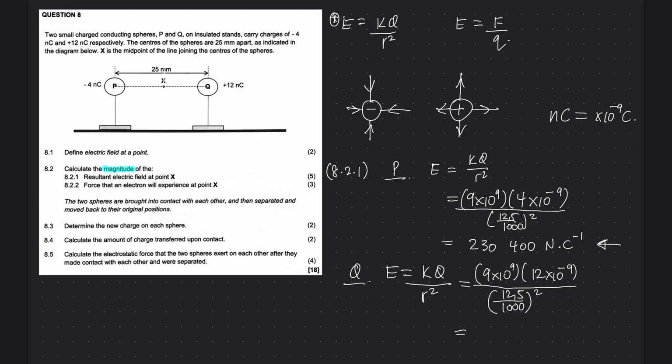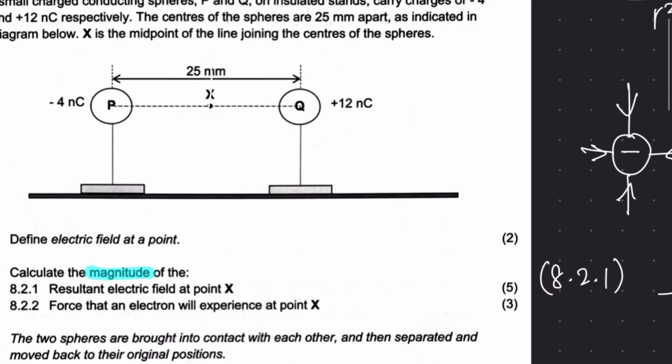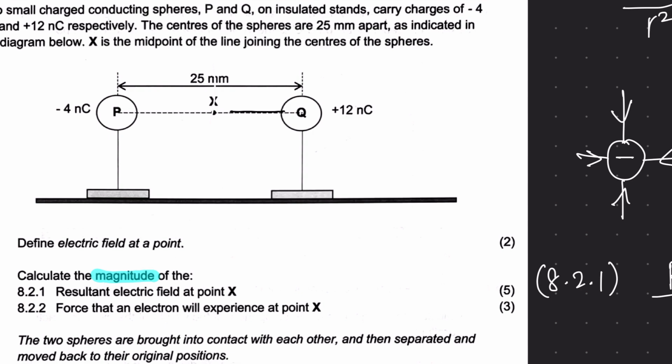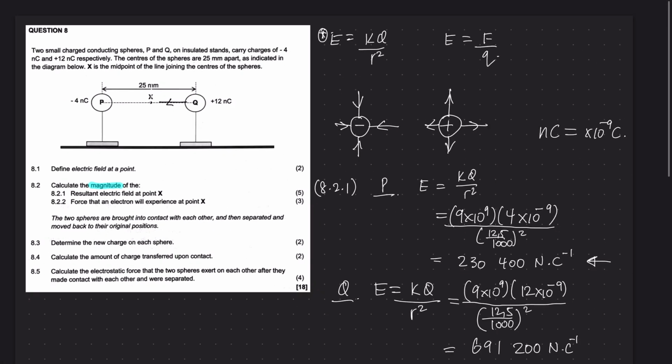And you get an answer of 691,200 N/C. Now, since Q is positively charged, the electric field is going to point away from it. So that's going to be to the left again.